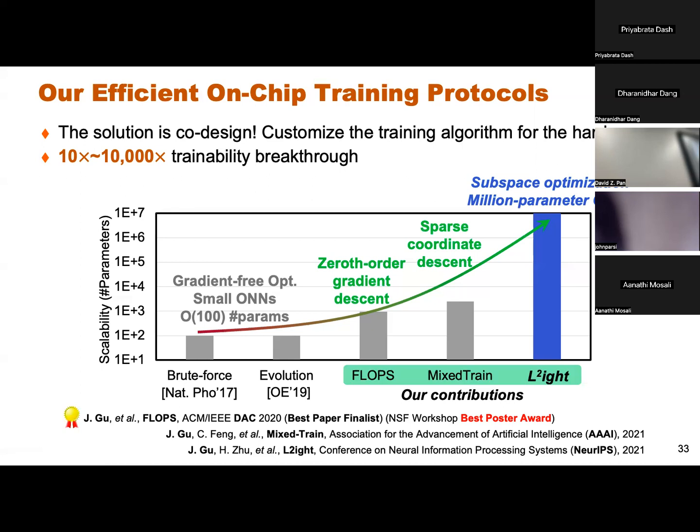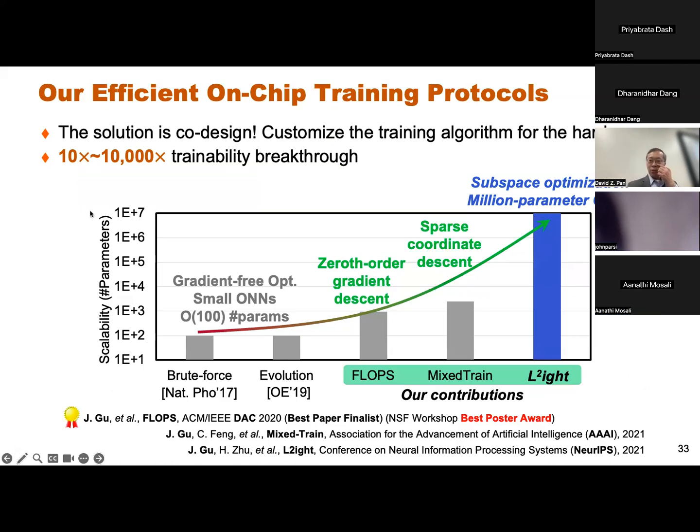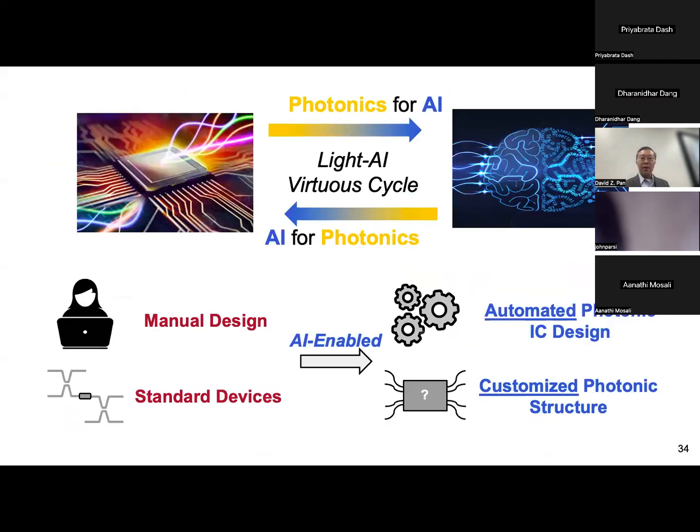But with this, the trainability can be increased by up to like 10,000 times. Anyway, I won't go into details here, but this is for on-chip training, not just inference.